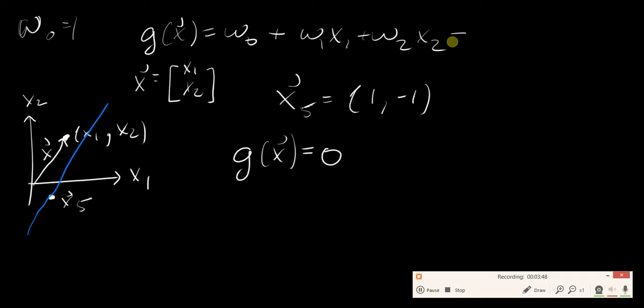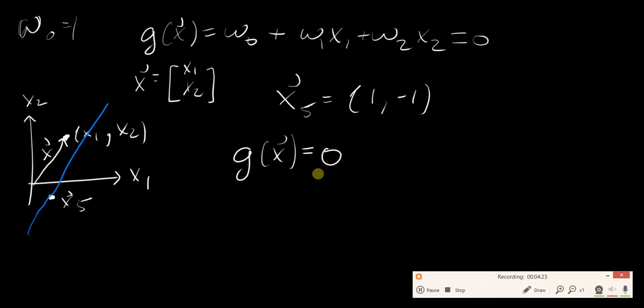If you set this equal to 0 and made it an equation of the form x2 equals something times x1 plus omega naught, then it will be of the form y equals mx plus b, or a line. In this case, that line is the hyperplane, and it's significant because whether your sample falls on either side of the hyperplane determines how your machine classifies the sample.